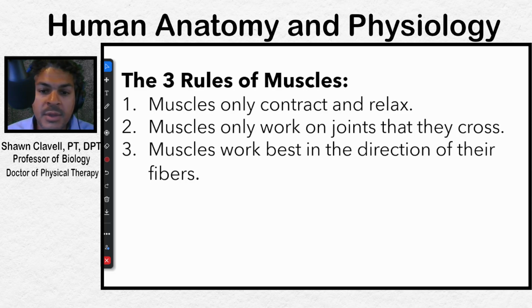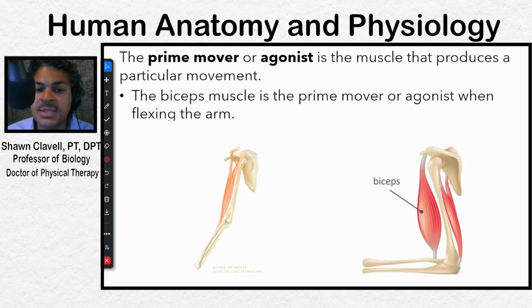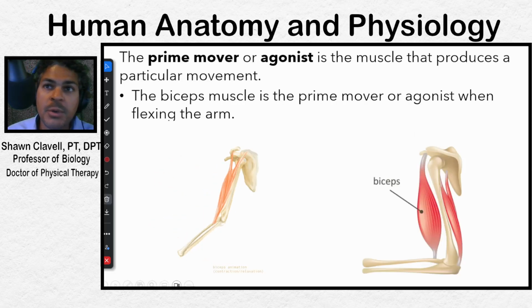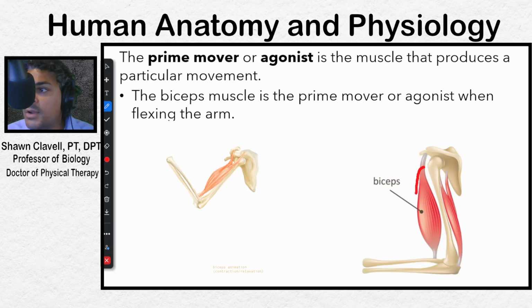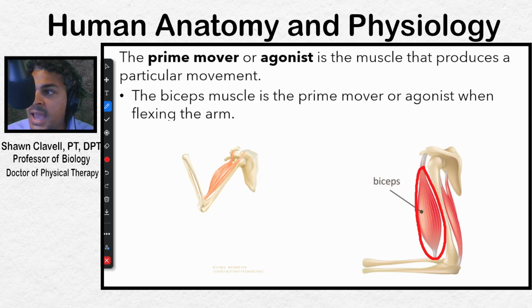But the concept of muscles acting upon the joints that they cross is a prime example here in the previous slides. So, first, the concept that muscles and their location are going to give us a big idea as to what the action is.